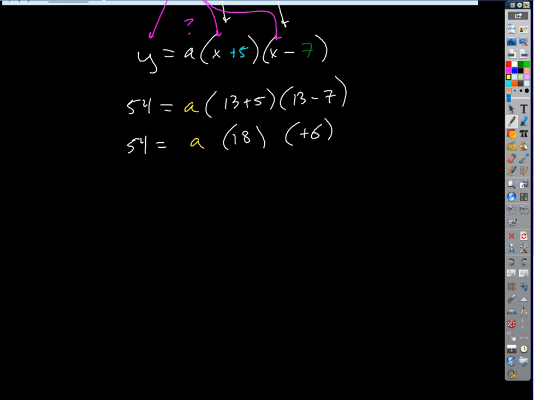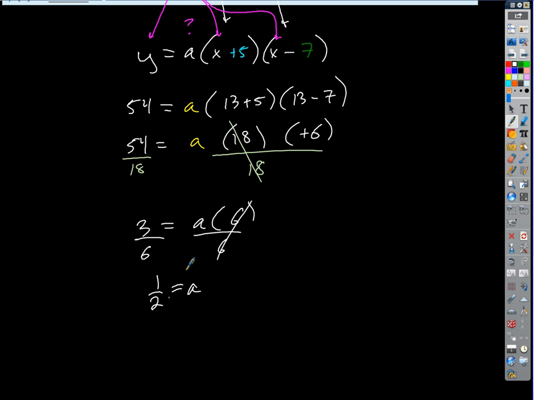Okay, so I could either multiply 18 times 6 and divide that, or if I want to, I could even just do this, right? I could even just divide each side by 18 and cancel that one. And so that's going to give me 3 equals A times 6, divide by 6. And I get A equals 1/2, right?